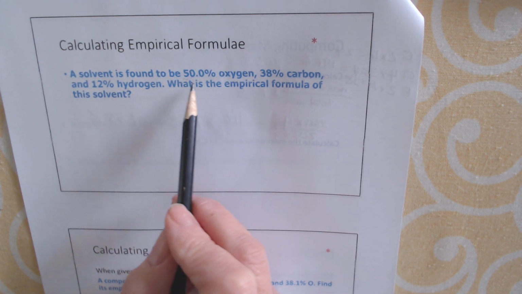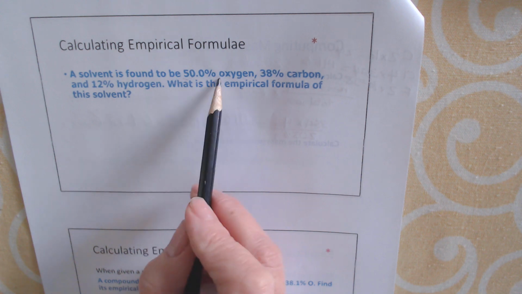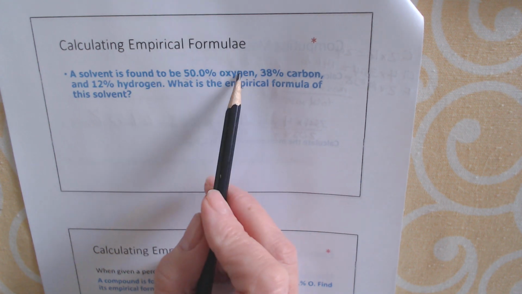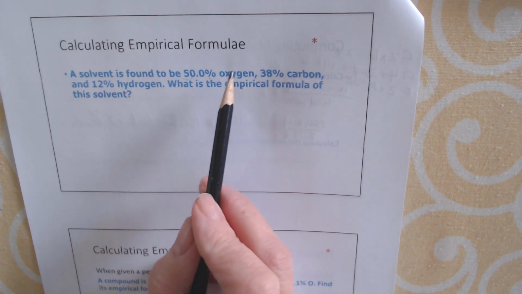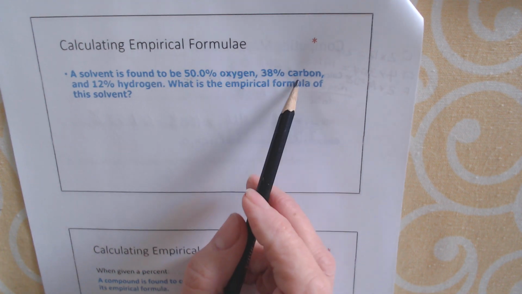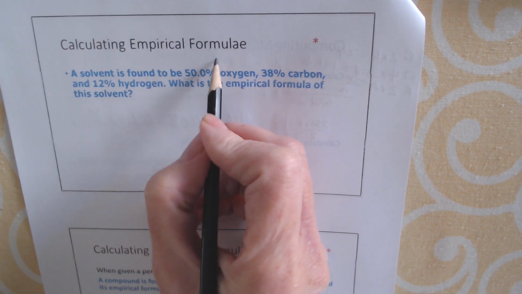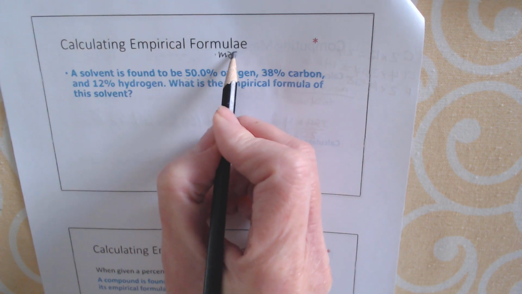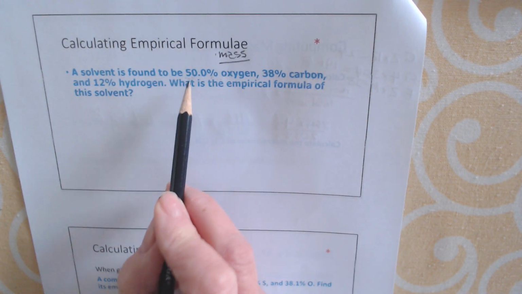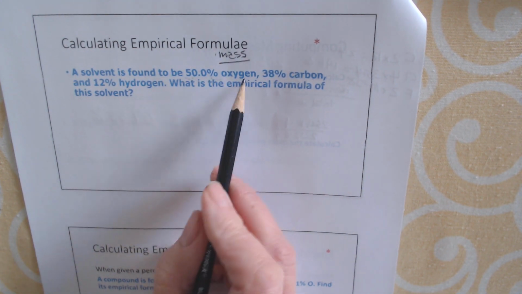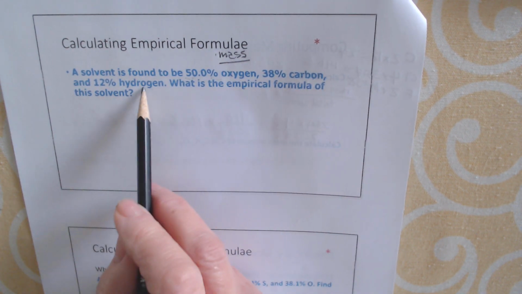Now, the first question you should ask yourself is, when you see these, 50% of what? 50% of atoms? 50% of mass? What are we talking about here? You need to just implicitly know that we're always talking about mass. All right? So 50% of the mass, or the weight, of this compound is oxygen, 38 is carbon, 12 hydrogen.